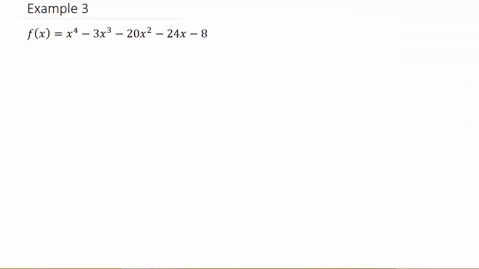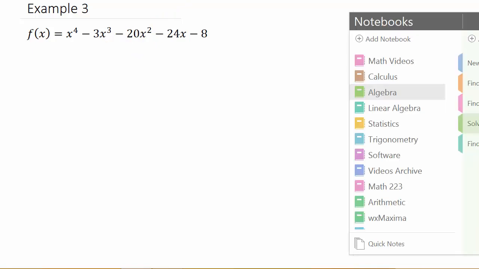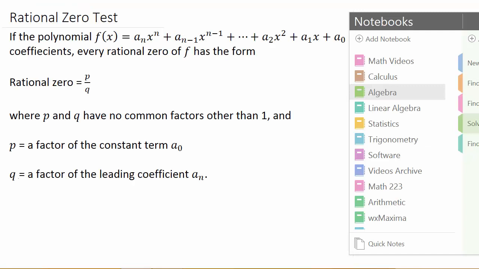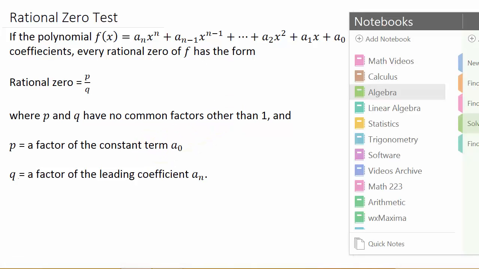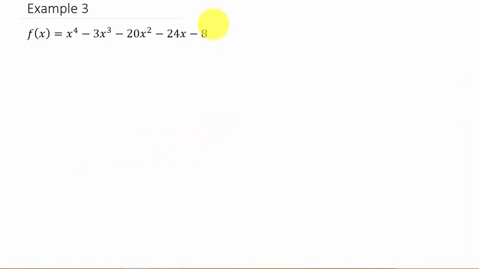Alright, so the first thing that we need to do is list our factors of p and q. Remember, p is a factor of the constant term. So p is a factor of this term. Now, what all numbers can I multiply to give me -8?